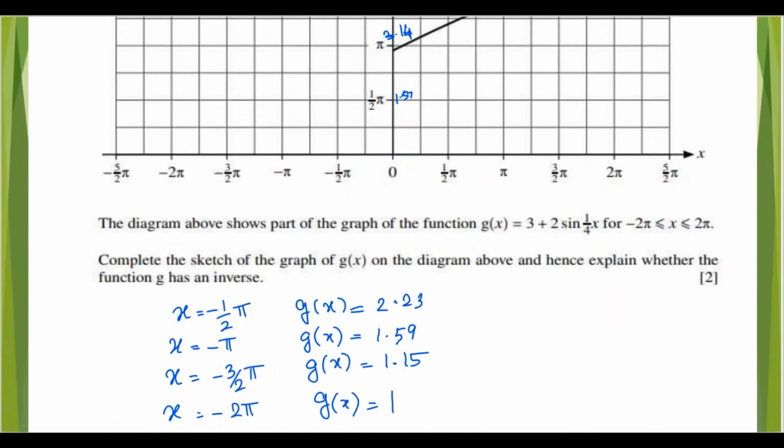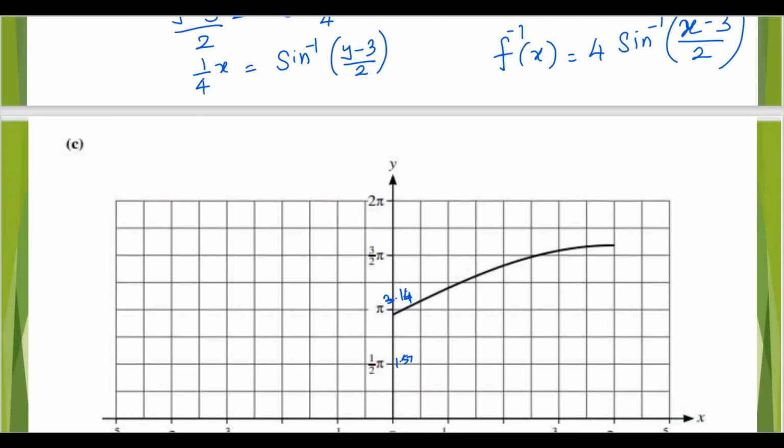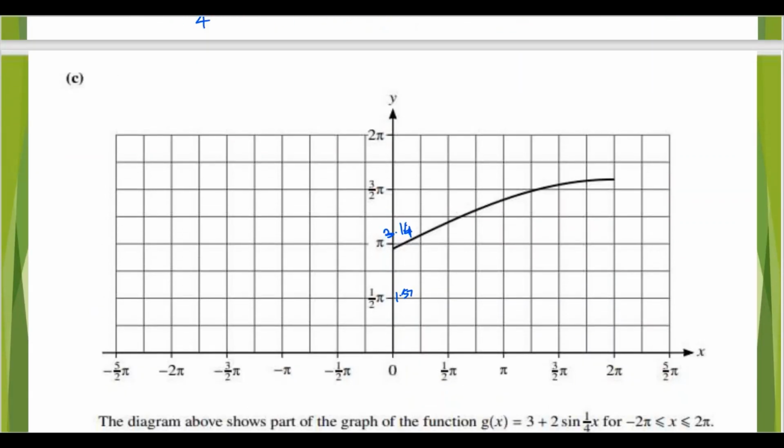Now let us plot the points. X equal to negative 1 over 2 pi, then g of x is 2.23. Let's mark it here.